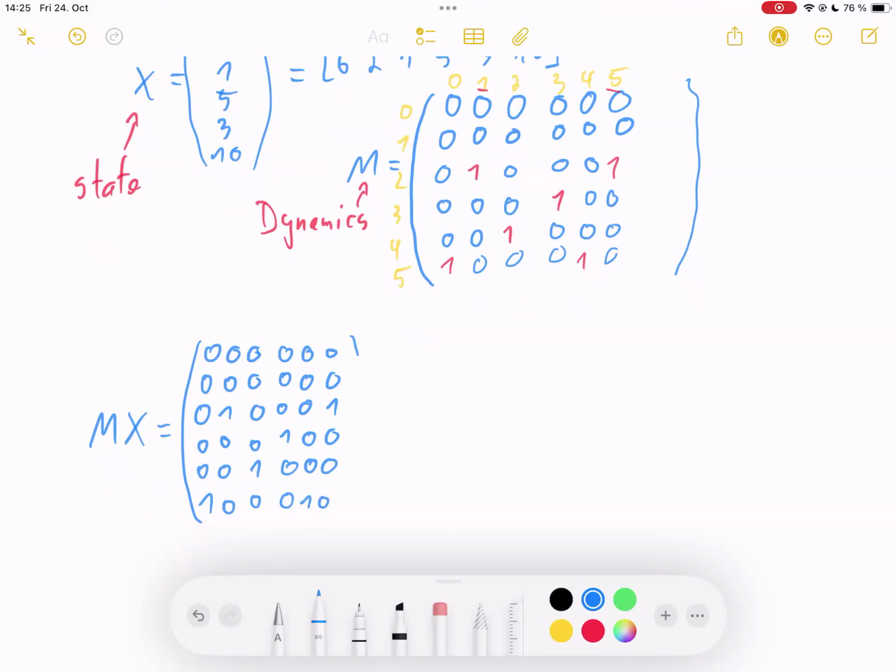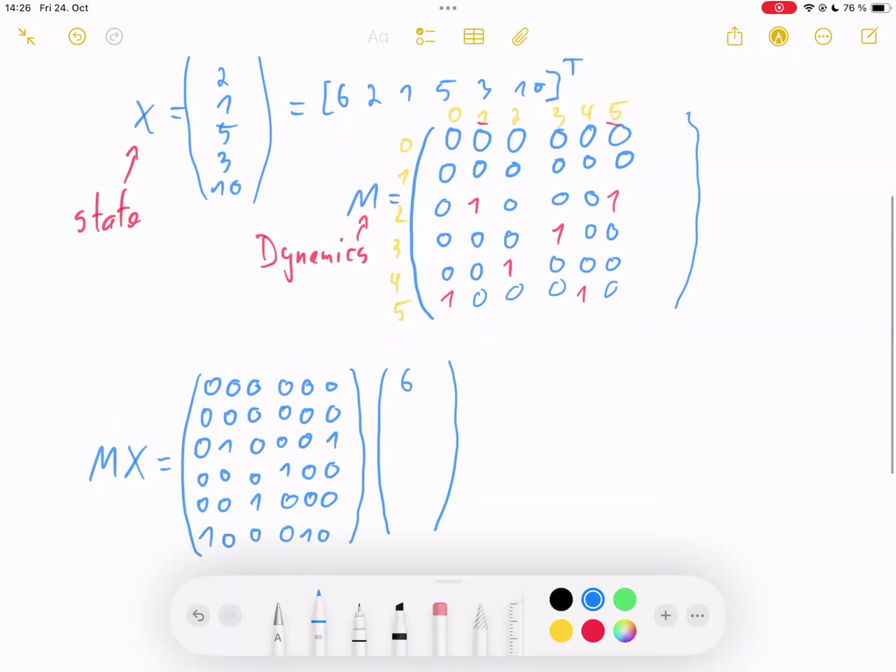So this is my matrix M, and I multiply from the right my state X, which we said is 6, 2, 1, 5, 3, 10. Now we multiply from the right, and we see the first row of the result is simply 0 because all of these are 0, and if I multiply element-wise, I just get a 0.